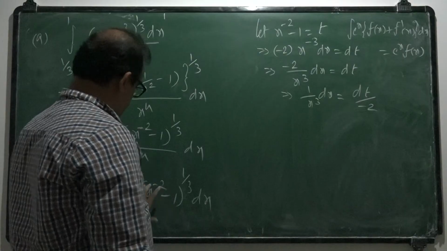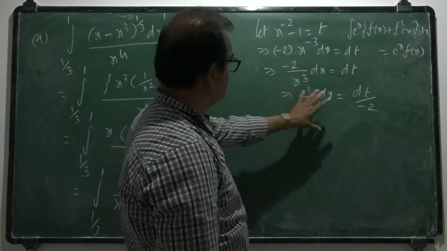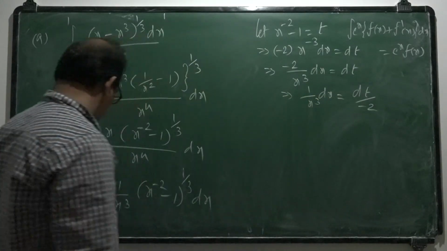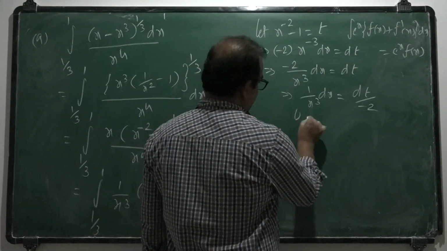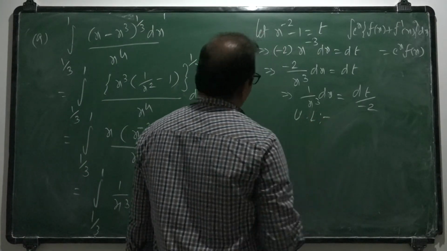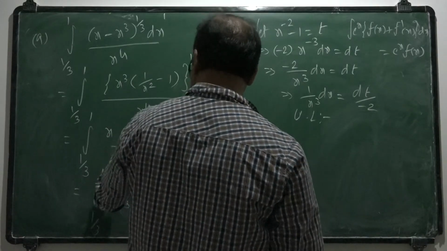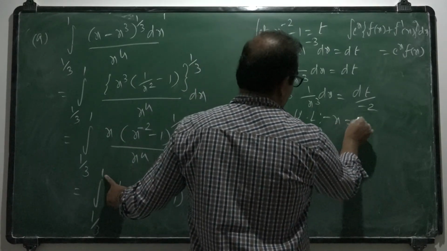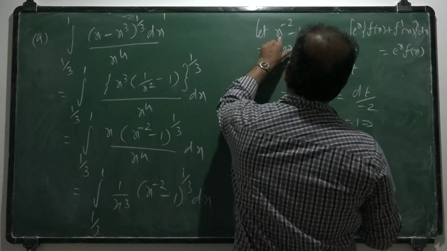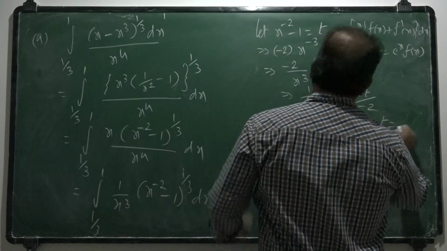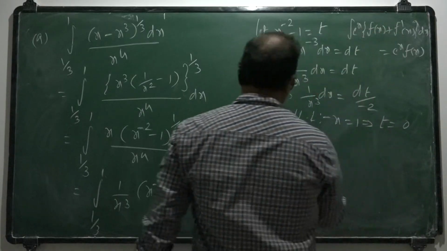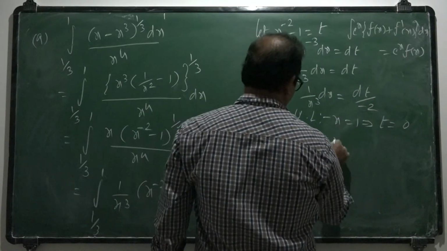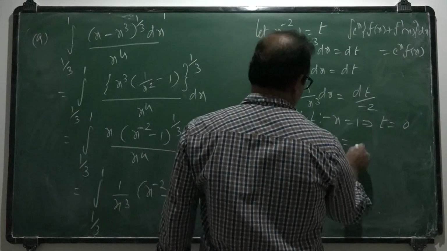Now we want to change the variable in terms of t, so you must change the limits also. Upper limit, what is upper limit? x is equal to 1. When x is equal to 1, t value is 1 for anything, 1 minus 1 is 0. Lower limit x is equal to 1 by 3.